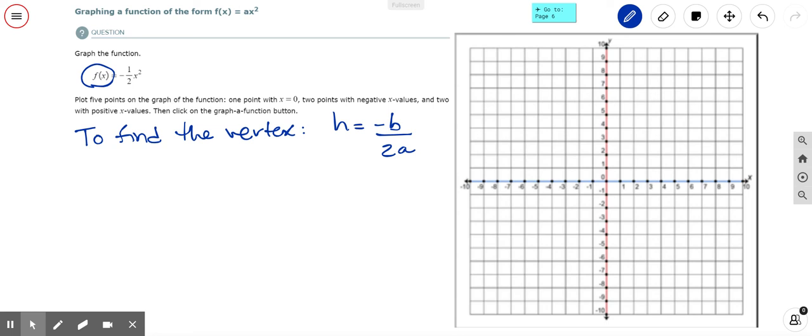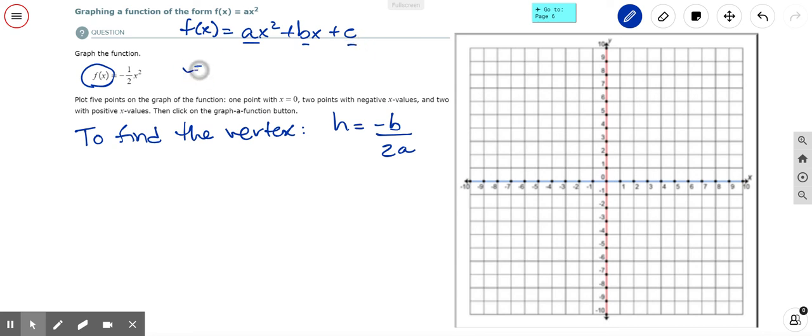Identify a, b, and c from the formula. Again, you have f of x equals ax squared plus bx plus c. A is the coefficient of x squared, b is of x, c is the constant.